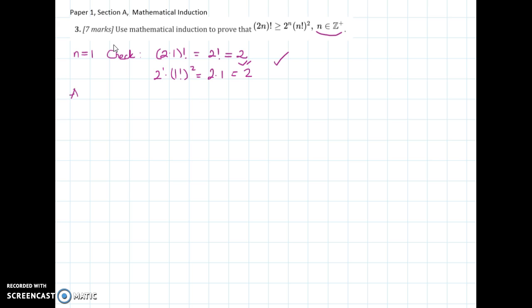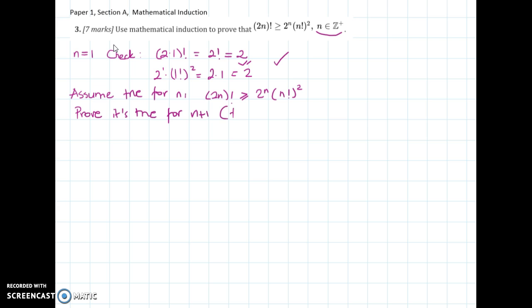Now, we need to assume that the statement is true for a number, let's say n. So assume true for n. And we want to use this case to prove that it's true for the following number, so prove it's true for n plus 1.